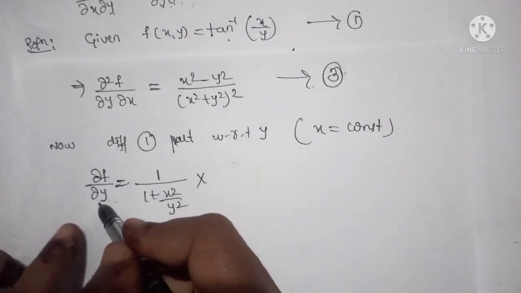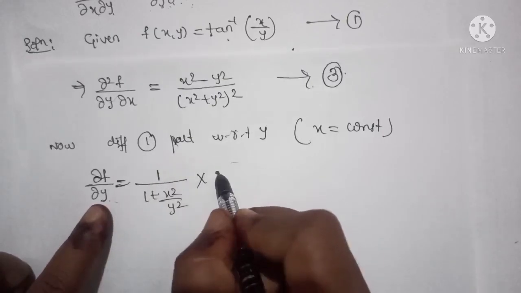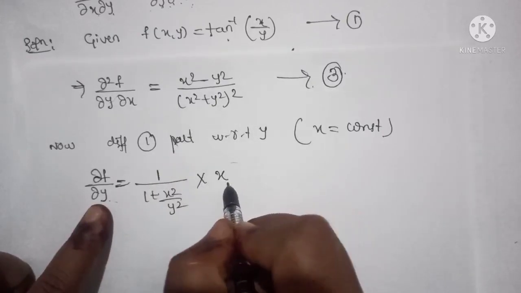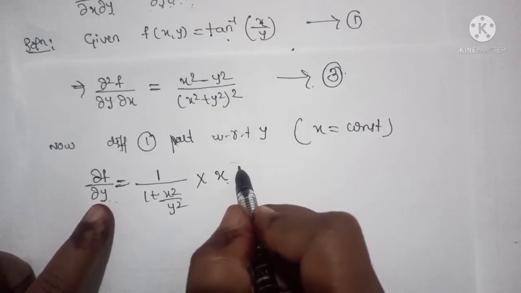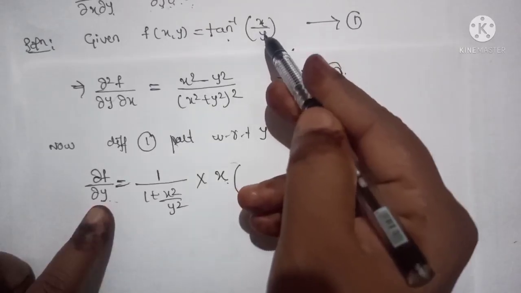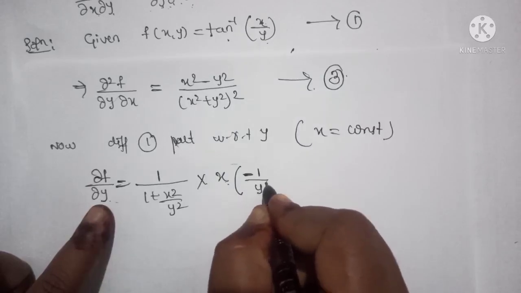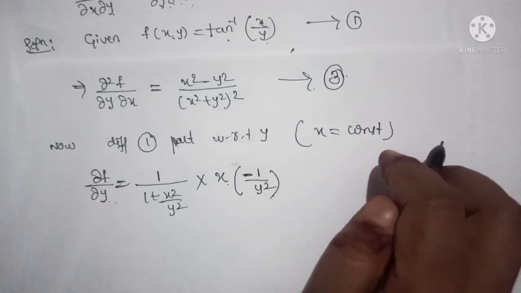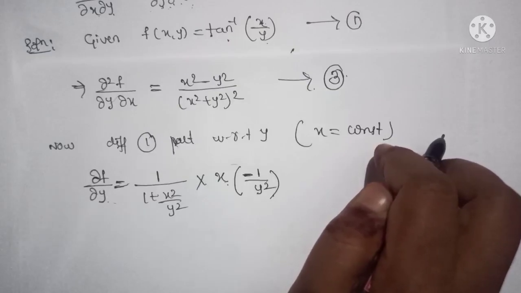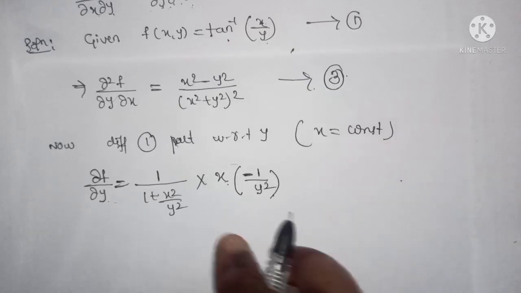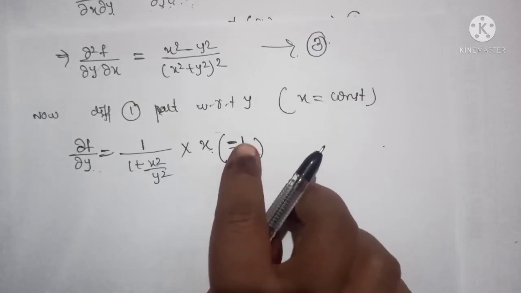So we are differentiating with respect to y, x to be taken outside because it is constant. Now we have to write 1 by y differentiation. 1 by y differentiation is minus 1 divided by y square, because we know that 1 by x differentiation is minus 1 by x square. Replacing x by y we get minus 1 by y square.